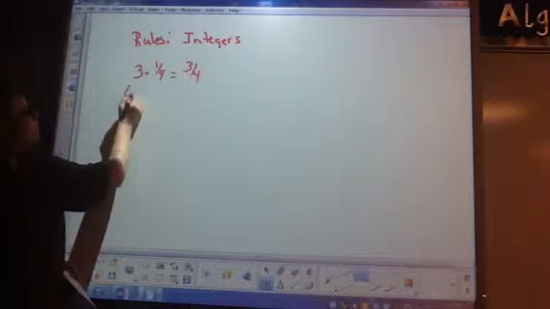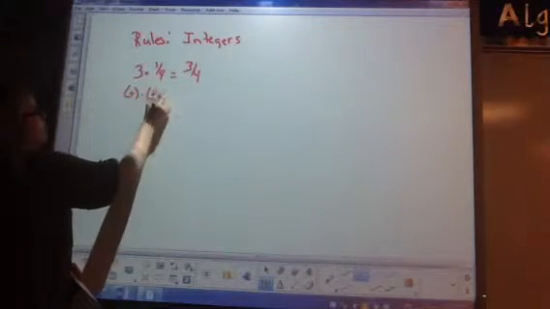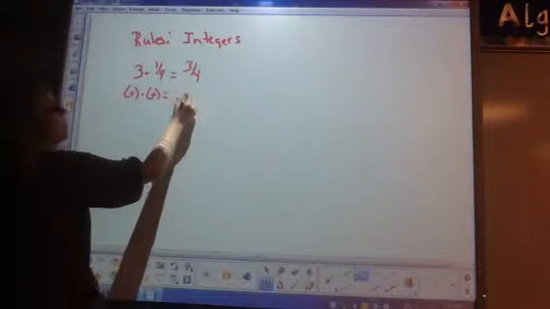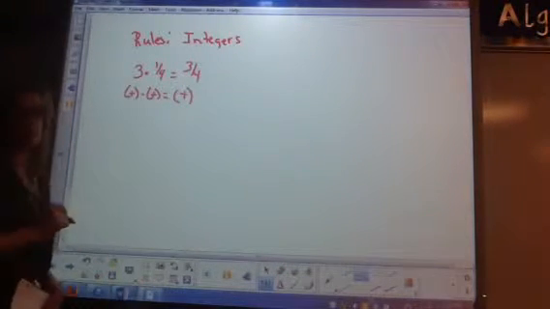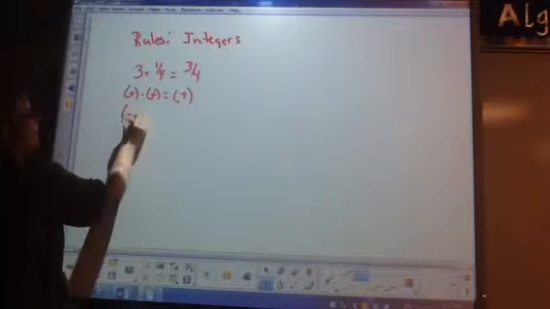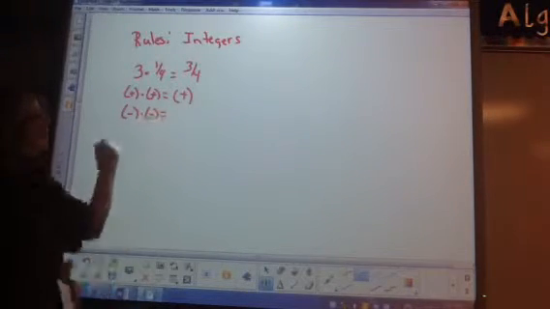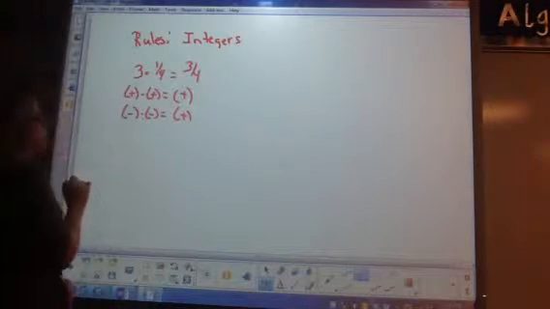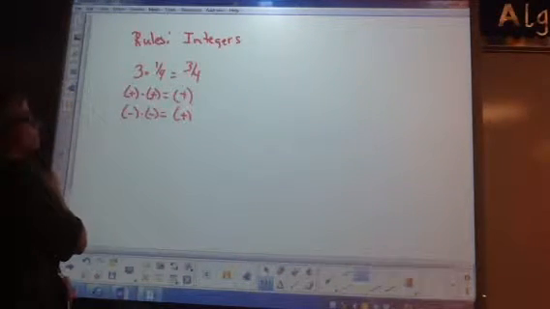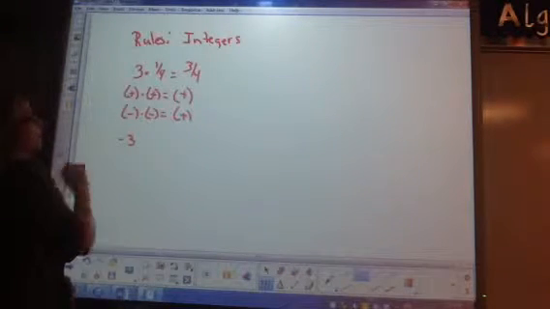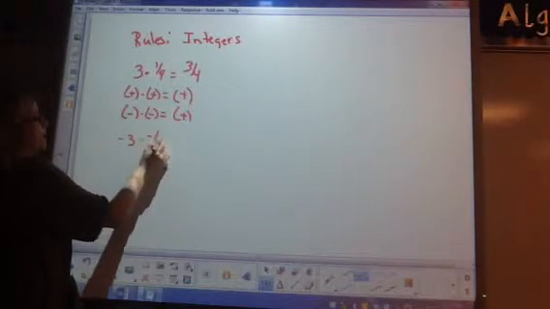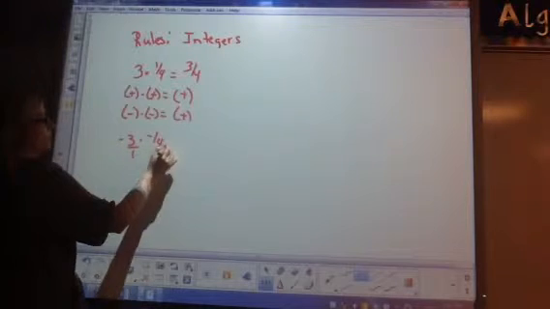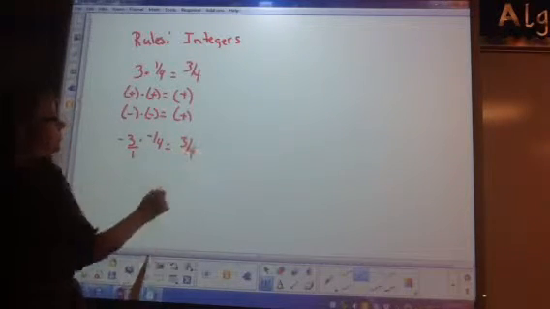So when you multiply two positives, you're going to get a positive. Alright? When you multiply two negatives, you're also going to get a positive. So if we have negative 3 times a negative 1/4, we're going to get a positive 3/4.